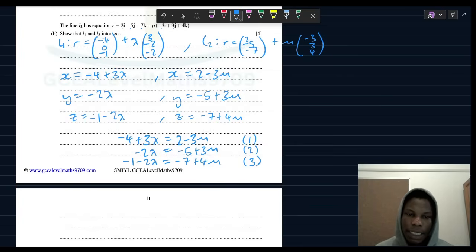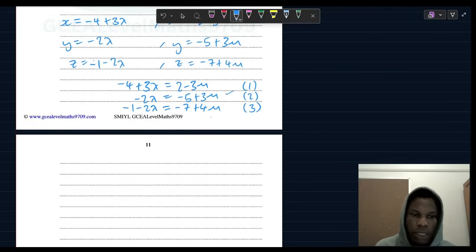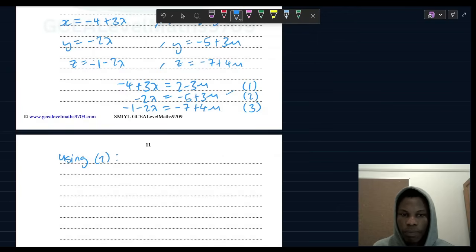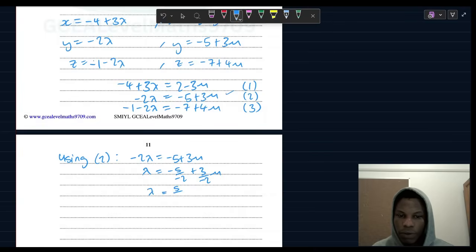So I'm going to take equation 2, which says -2 lambda is equal to -5 plus 3 mu. And I want to make lambda the subject of the formula. So lambda is -5 over -2 plus 3 over -2 mu, so lambda is equal to 5 over 2 minus 3 over 2 mu.